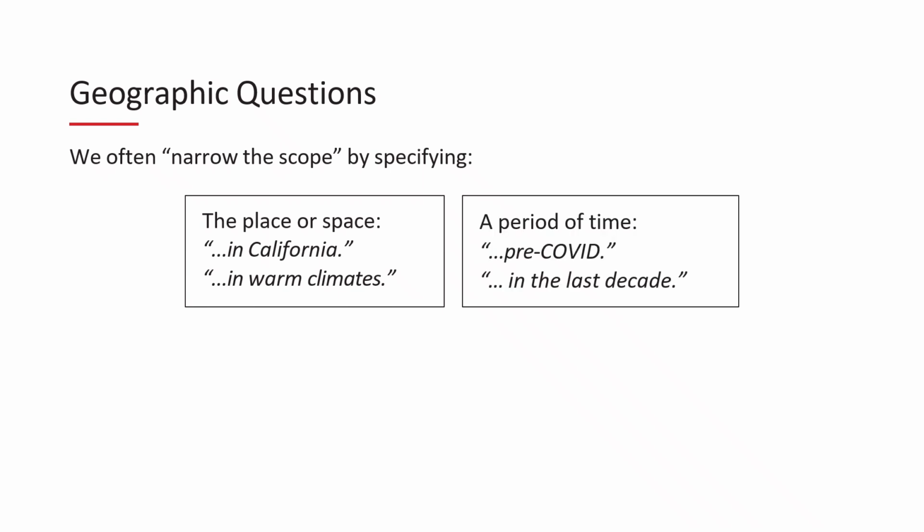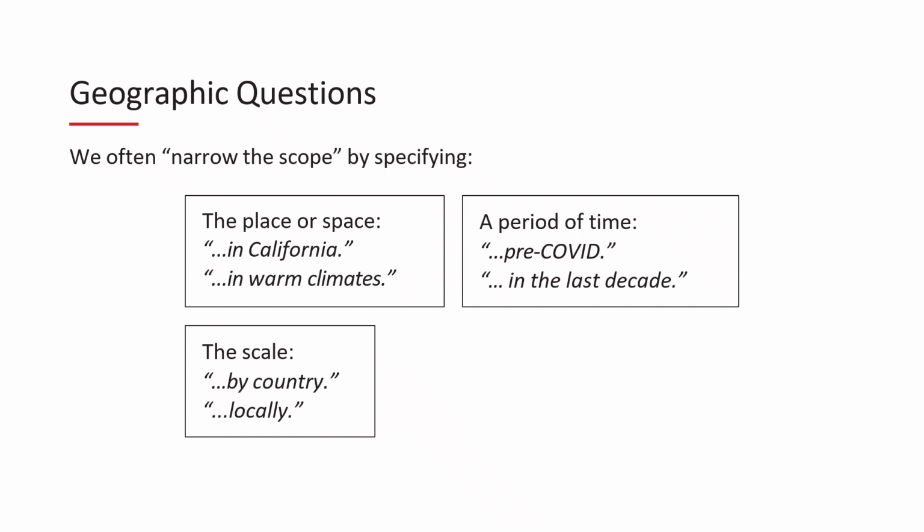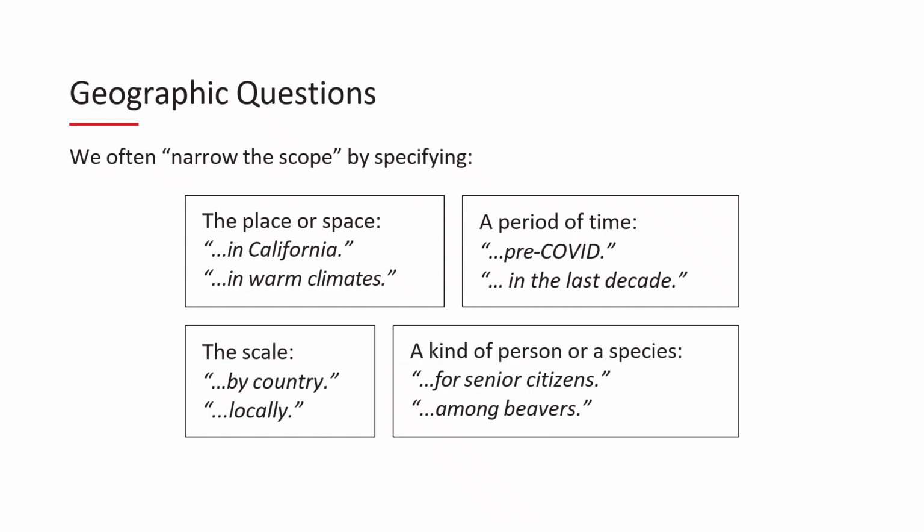We can specify the scale, so by country or locally. And we can specify a kind of person or a species, like for senior citizens or among beavers. Narrowing the scope can make it easier for geographers to answer the question later by only focusing on one part of a phenomena.